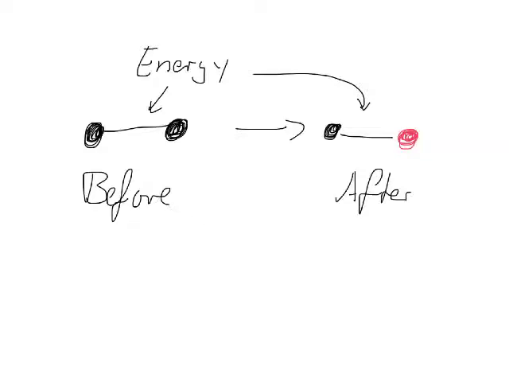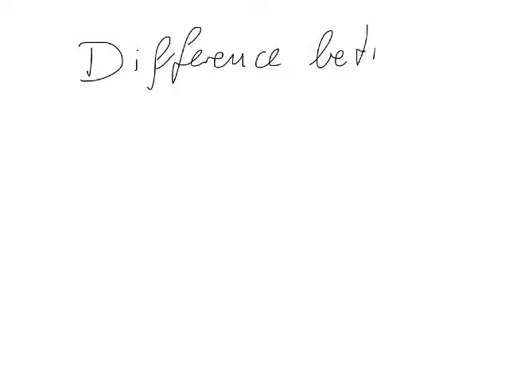So how can we compare these different states? Well, that's very simple, and by convention we just simply measure the difference between these states. Very often this difference is abbreviated with a Greek delta.